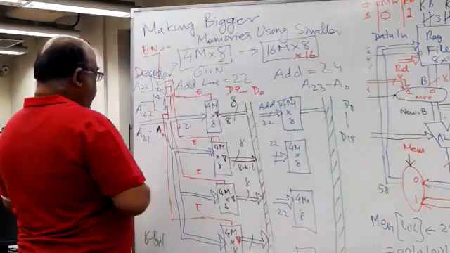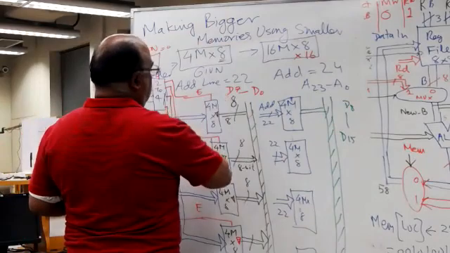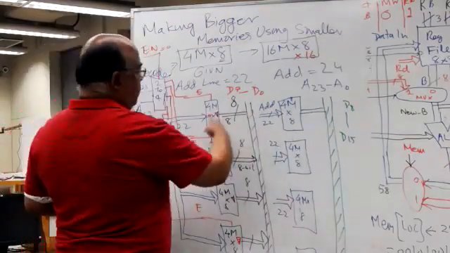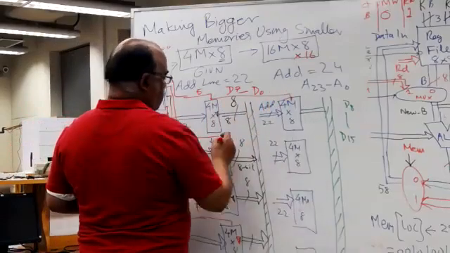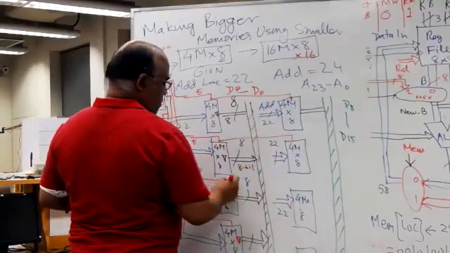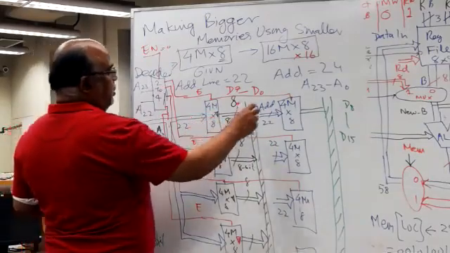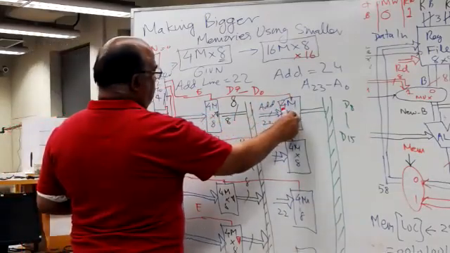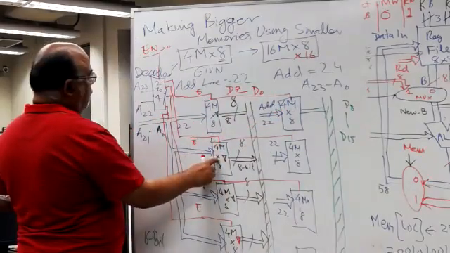So the enable will be the same. When you do vertical and horizontal expansion, you have to have the same enable, so that one byte is selected in this memory location and one byte is selected in this location, when the decoder output is such that this enable becomes one.